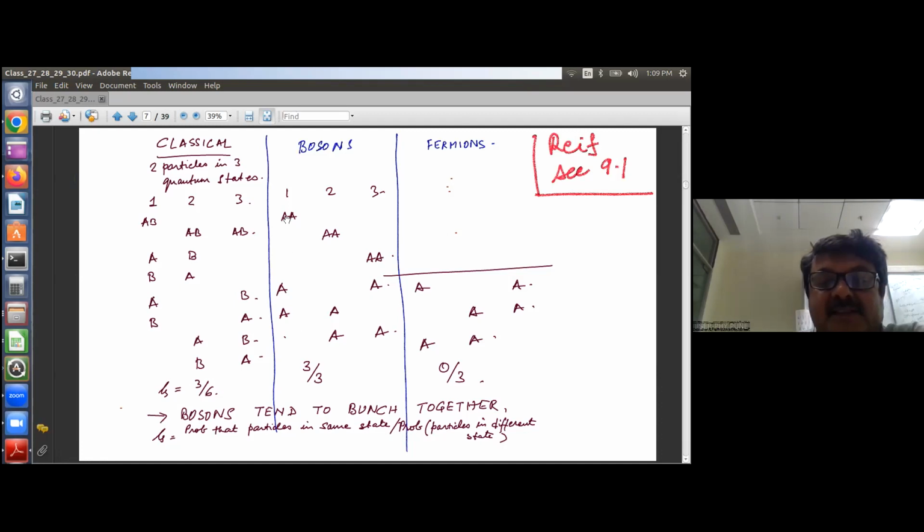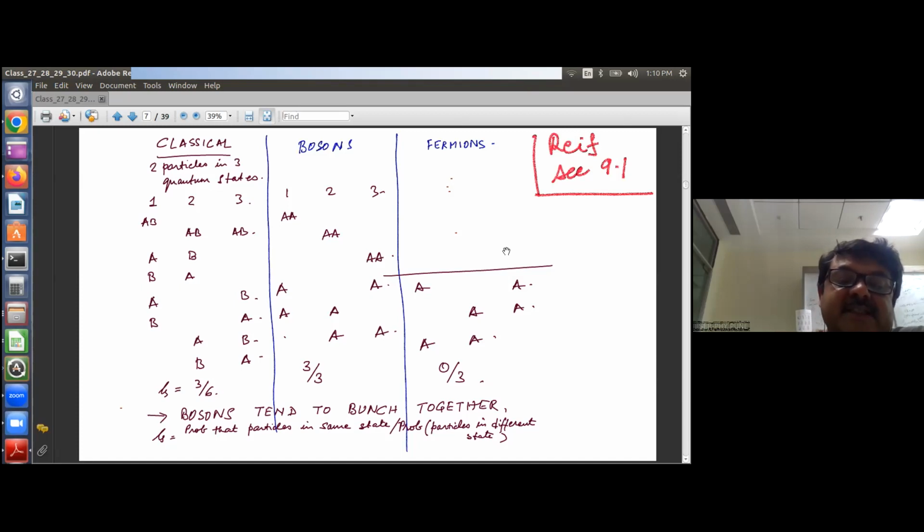For bosons, you will get three microstates, three different ways where particles can be in the same quantum state. I mean, there are two particles in three quantum states, and three ways such that they are in different states. And on the other hand, for fermions, you can't have two particles in the same quantum state.